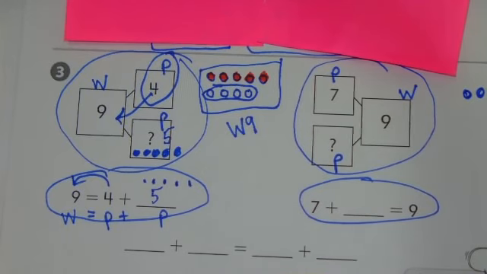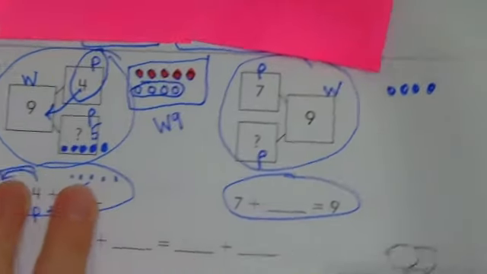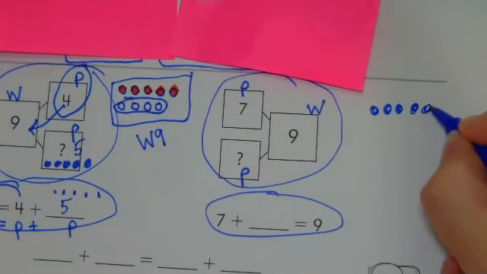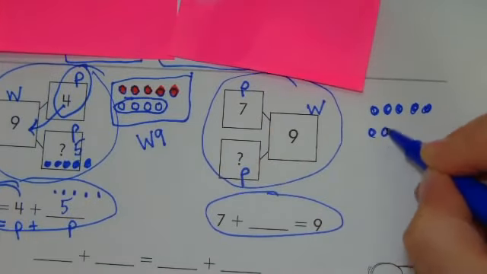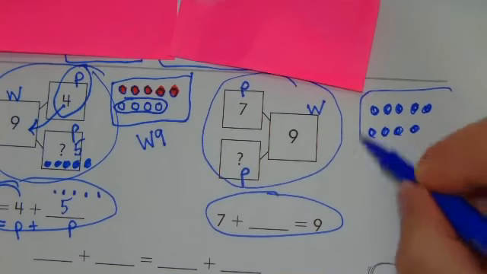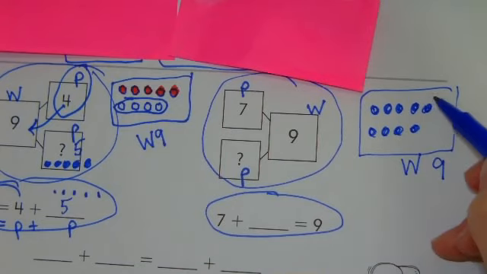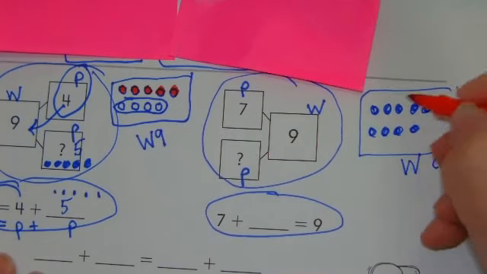Here we have a total of 9. Let's draw 9 dots. 1, 2, 3, 4. Whoops, you can't see that. 5, 6, 7, 8, 9. So 9 is your whole, right? That's all of the dots together. 7 is your part.